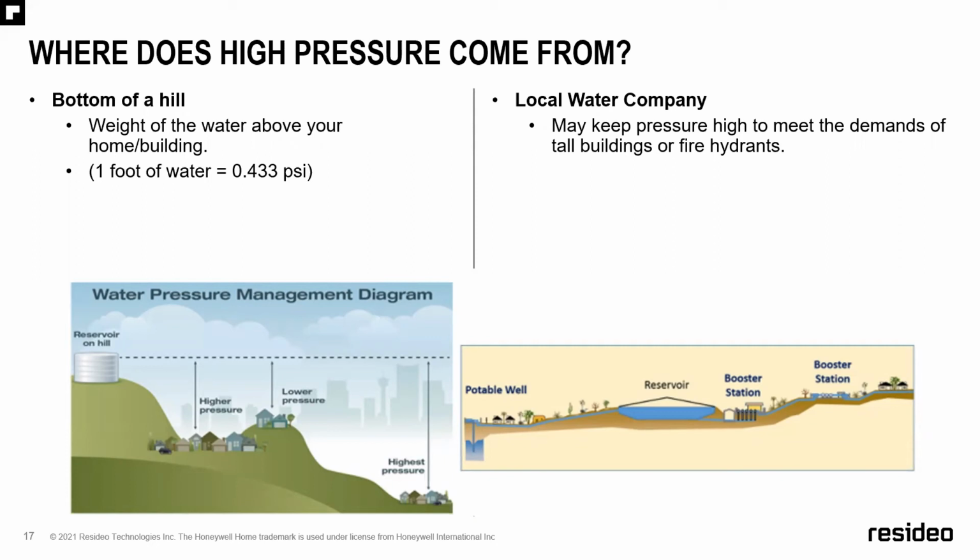They'll actually have pump stations and pump the water up into a holding area where it can then be distributed to the homes. So the weight of the water will determine the pressure you see at the house. Remember the big rule of thumb: 1 foot of water equals 0.433 pounds per square inch.